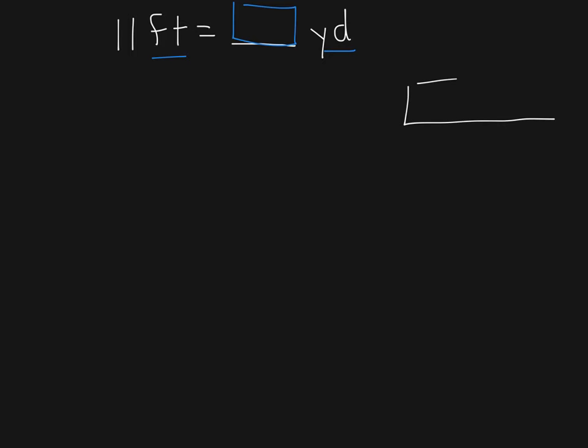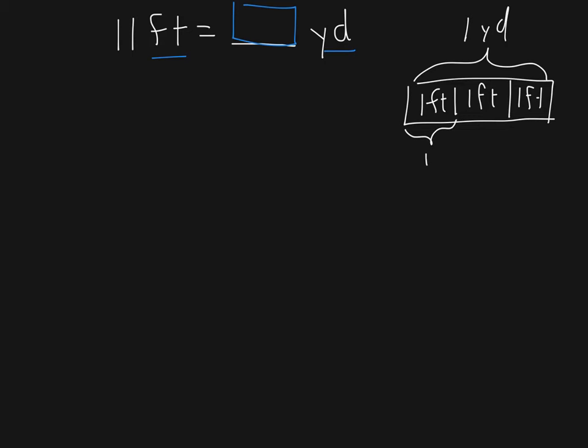So I'm going to draw a tape diagram again, just to help me think about this. Here's my tape, and I'm thinking that here's 1 yard is my whole, and in every yard there are 3 feet. So 1 foot, 1 foot, 1 foot. So each of these feet is going to be 1/3 of a yard.